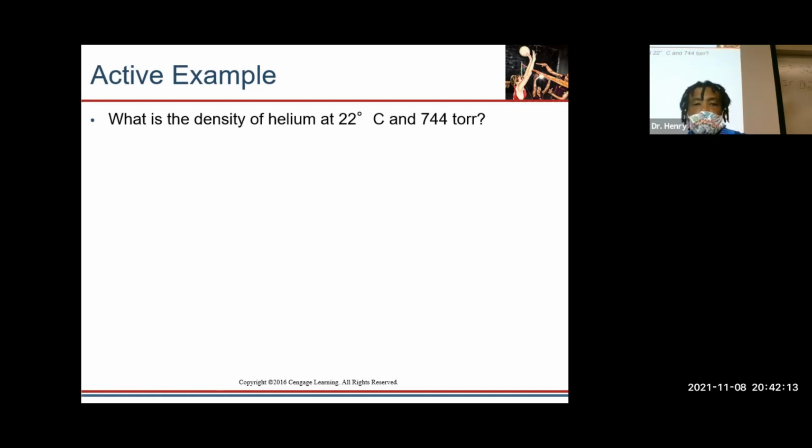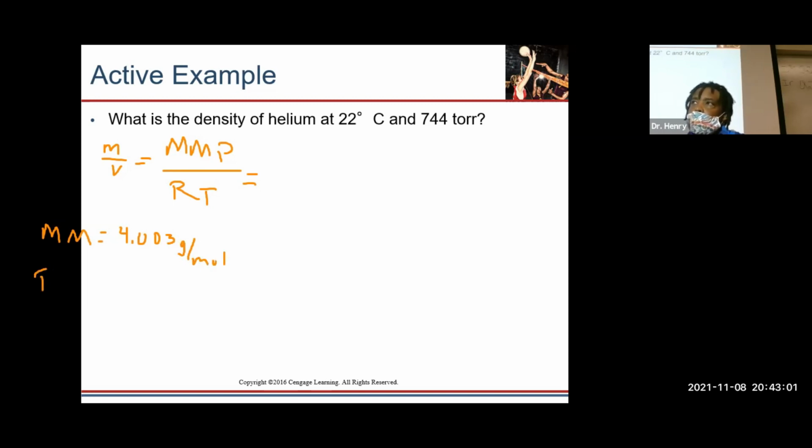How are we going to start? What is the molar mass of helium? 4.00 grams per mole.